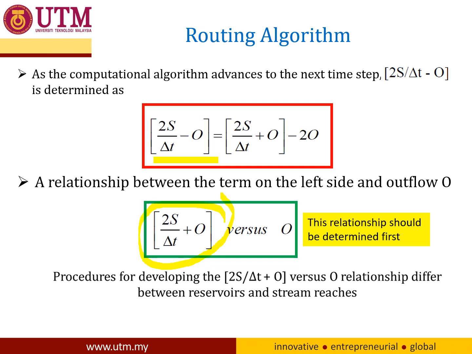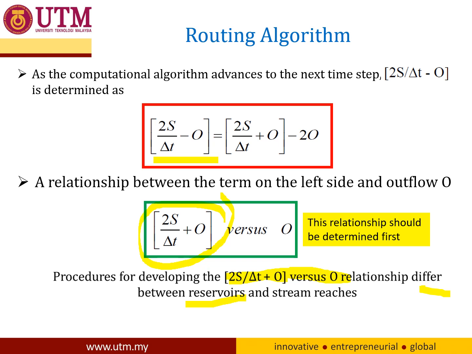So how do we determine this? It depends on the outflow hydraulic structures of the reservoir. That is why it is put here to develop this relationship. It differs between reservoirs, so it depends on the hydraulic structures, whether it is using a pipe as the outflow, or using a weir, what kind of weir, or does it use a spillway for the outflow.